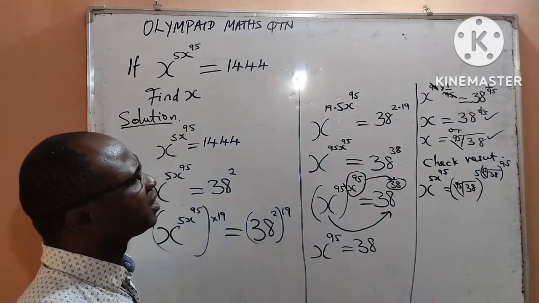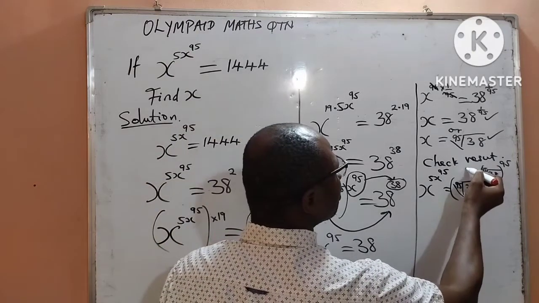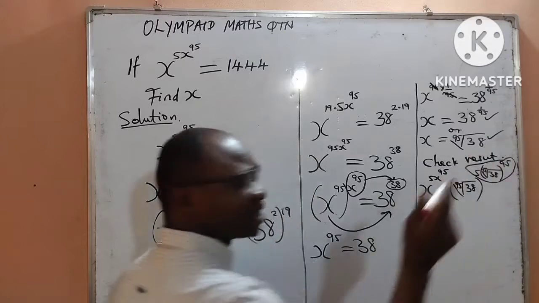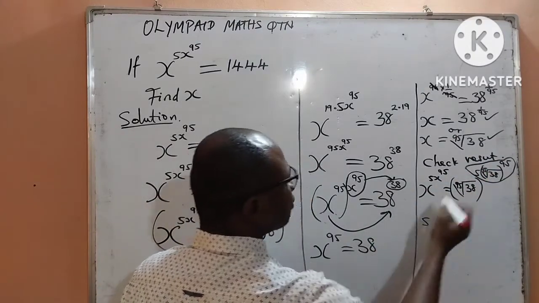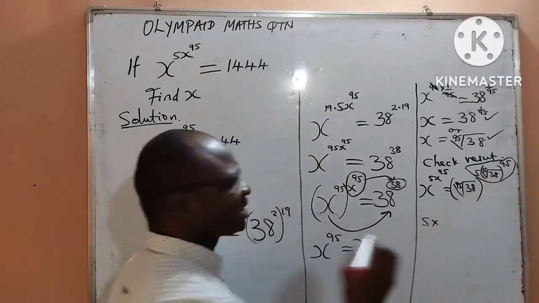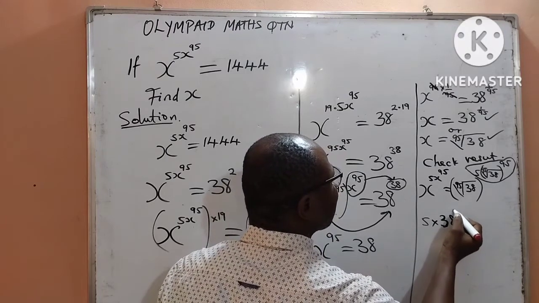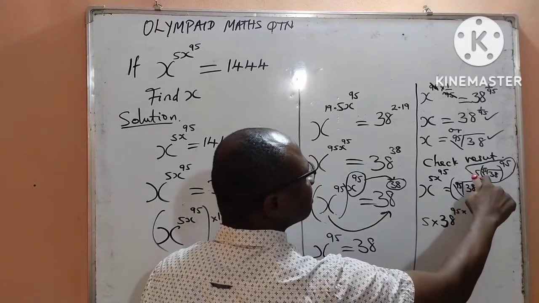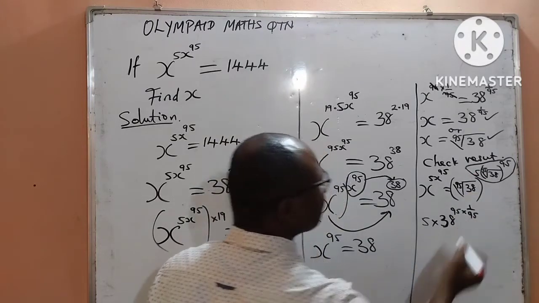Please watch very well. What I will do, I want to work with the exponent first. So solving this, I have 5 multiplying 95th root of 38, which is the same as saying 38 raised to power 1 all over 95.